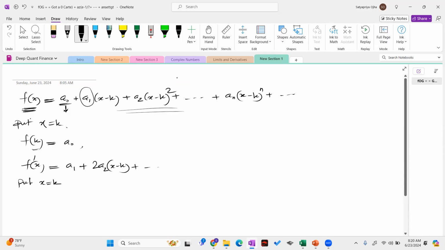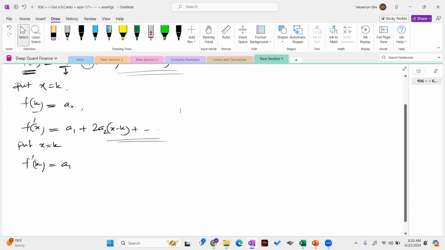Again, put x equal to k. So we get the derivative of the function at x equal to k, f dash k, is equal to a1. All other terms will vanish because x equal to k. Make sense? Any questions?